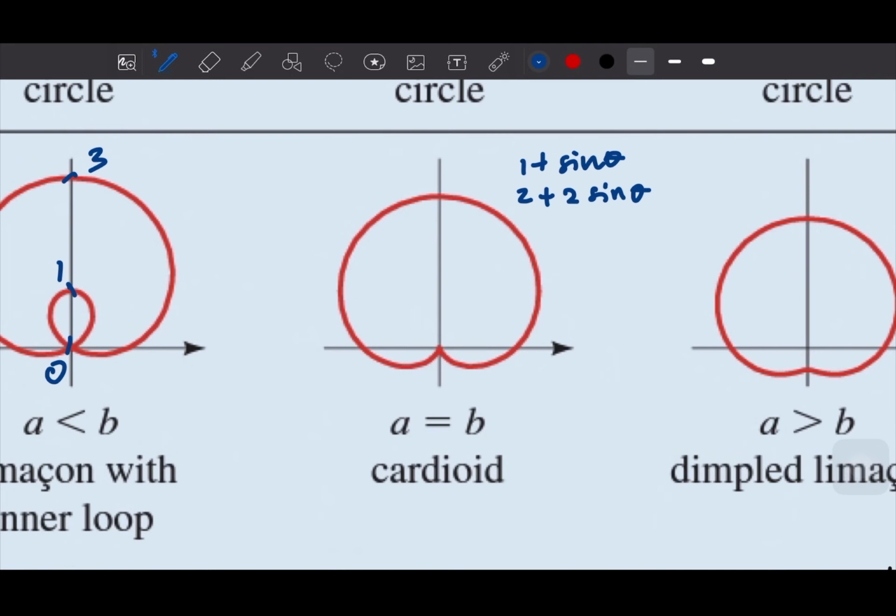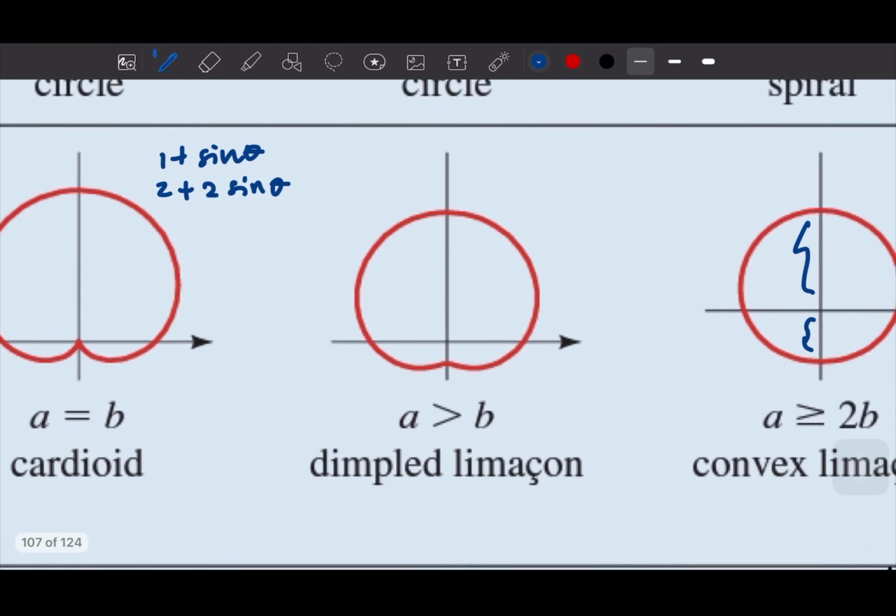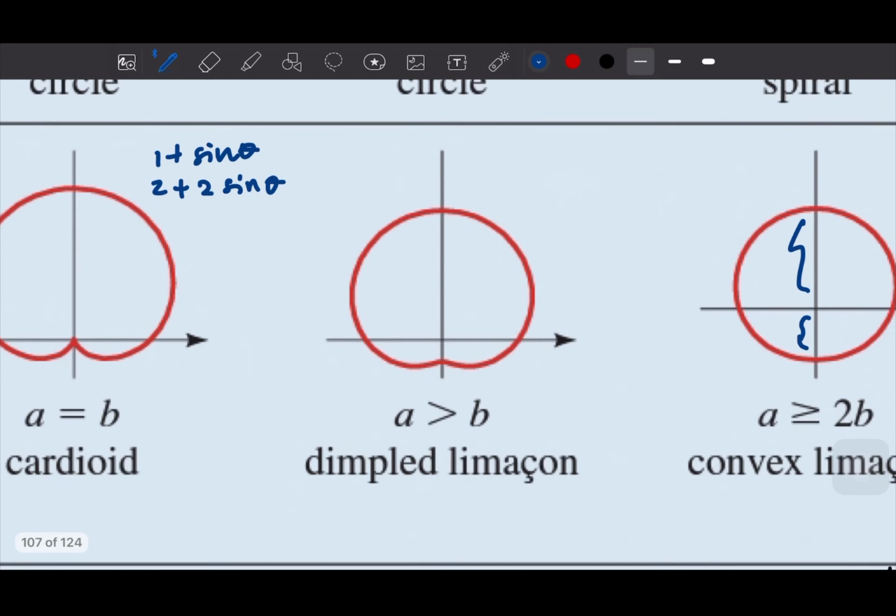And then when we get to the dimpled limaçon, A is greater than B, but it's different from this part. So you need to make sure that it has differences. For the dimpled limaçon, you will have not exactly 0, but maybe around here, and still having this shape.